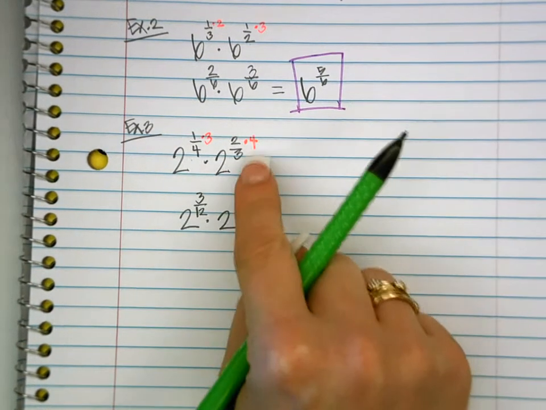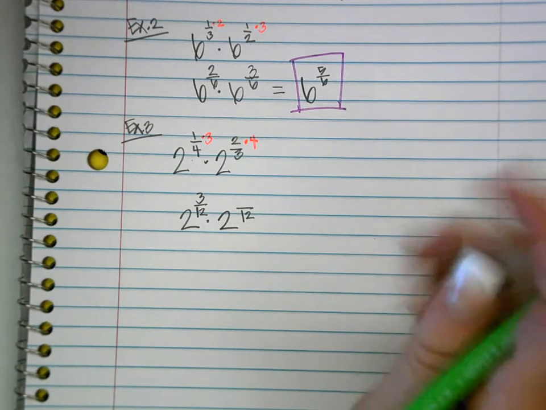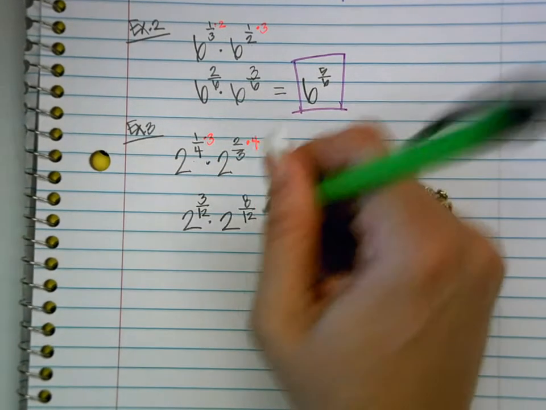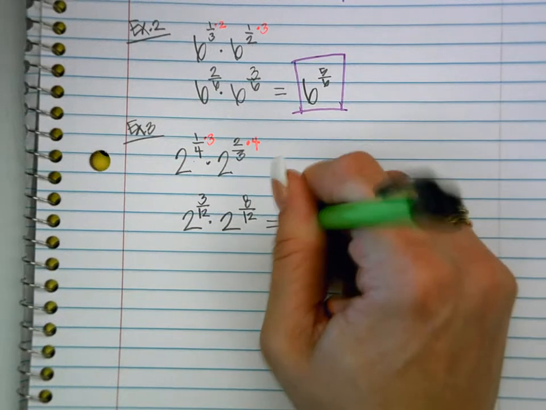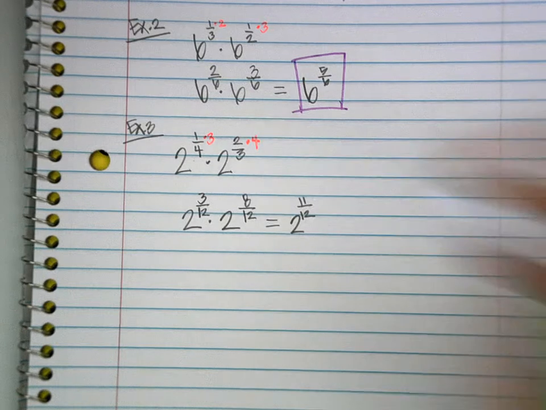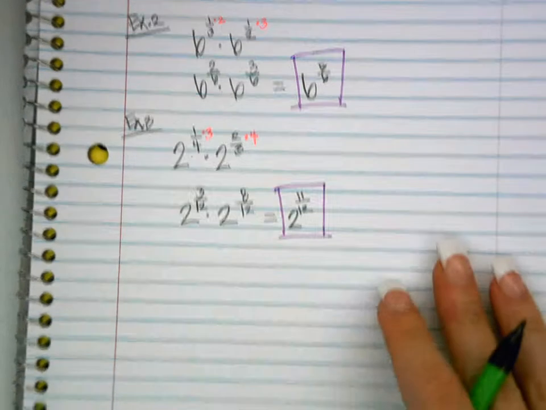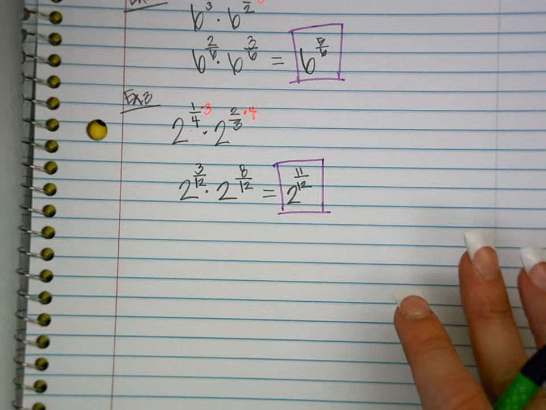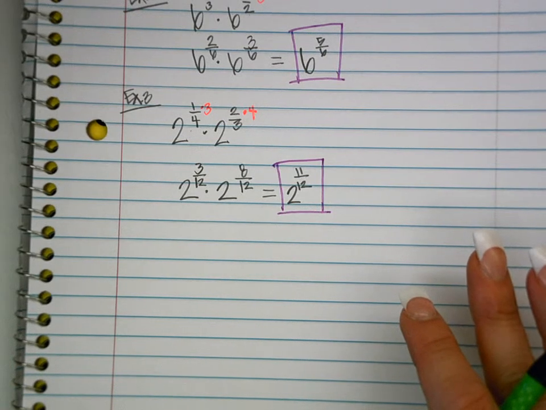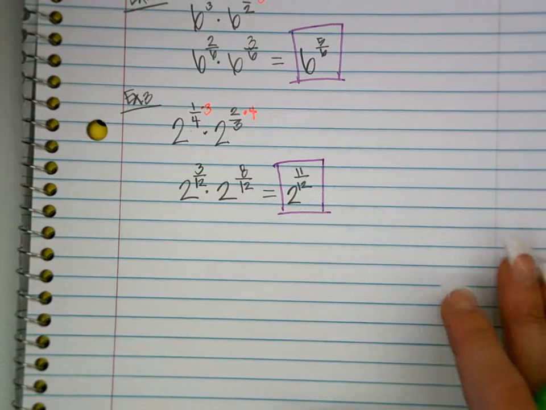So 2/3 is how many twelfths? 8 over 12. Then add these together and we should get 2 to the what power? 11 over 12. That's your answer. So keep the base, add the exponents.